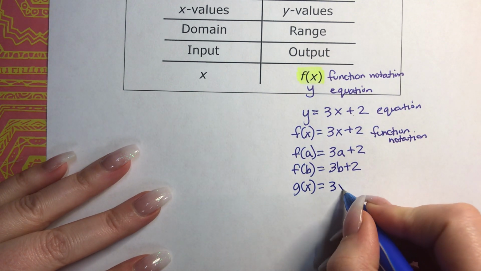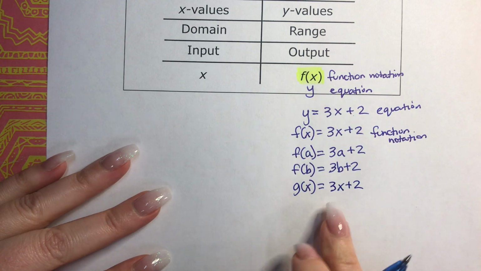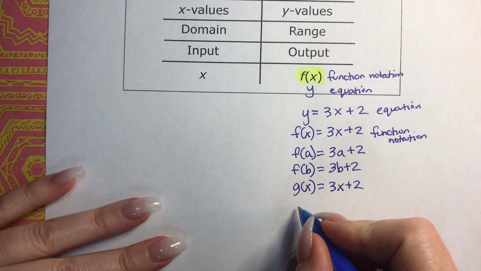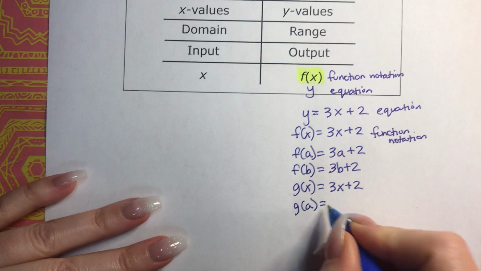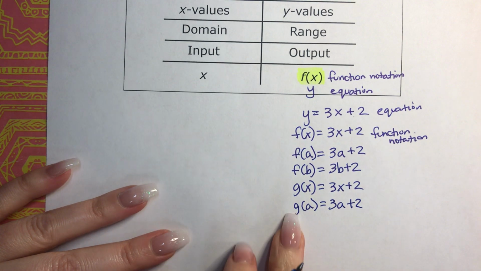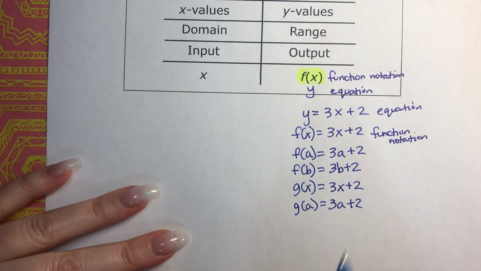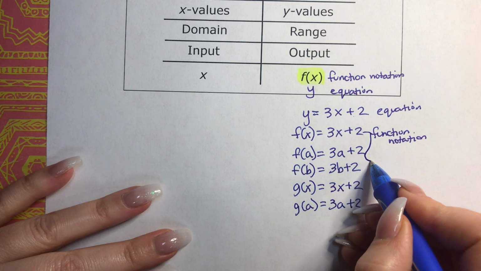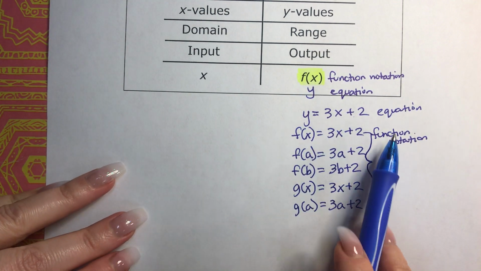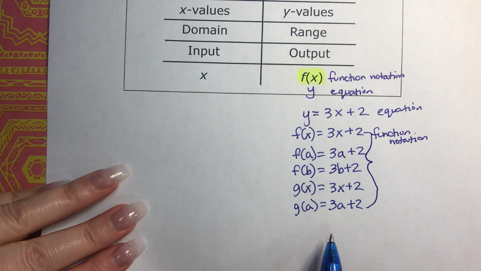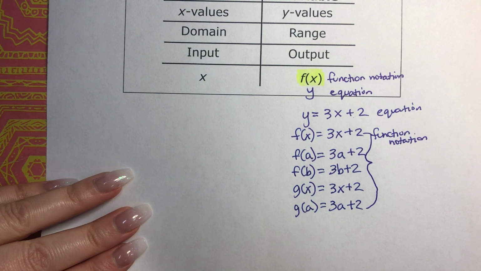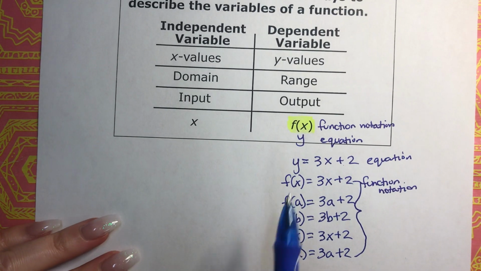It's just a label. We're still in function notation. Or you could have something like g of a. The options are endless, but they're just different ways to write the same thing. All of these are in function notation, okay? And this is an equation, but really the same thing is represented here. And all of these represent the same graph. So it's the same picture.